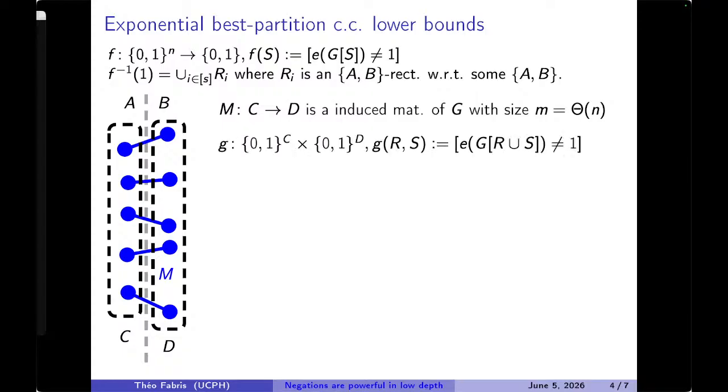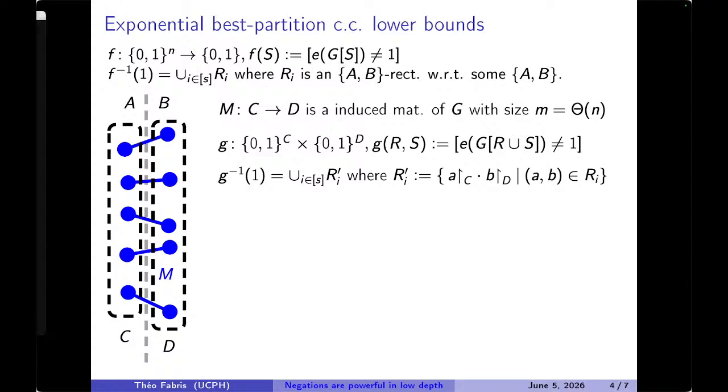And then what we do is, G is just a restriction of f to the sets C and D that we have over there. As G is just a restriction, we can now obtain a rectangle cover for G from a rectangle cover for f by just restricting the points in the previous rectangles.